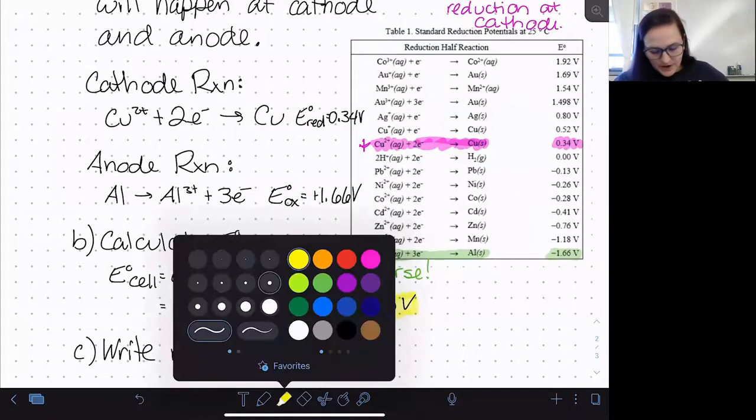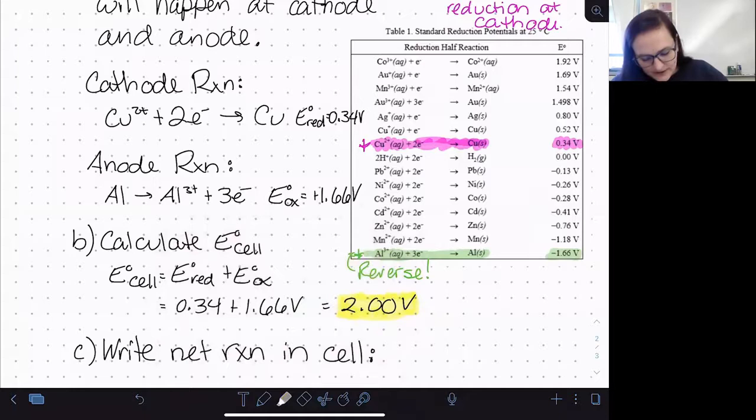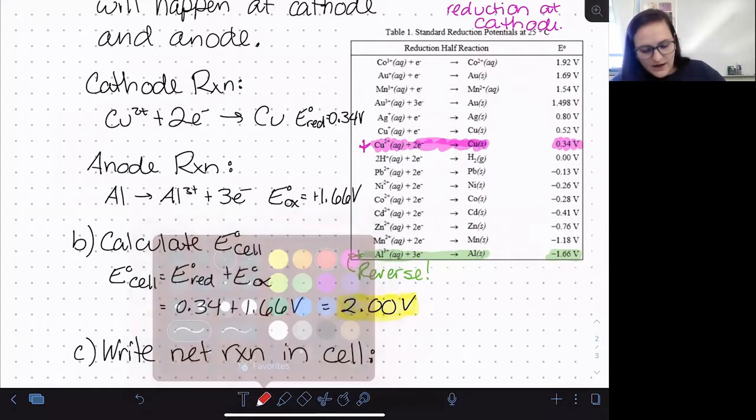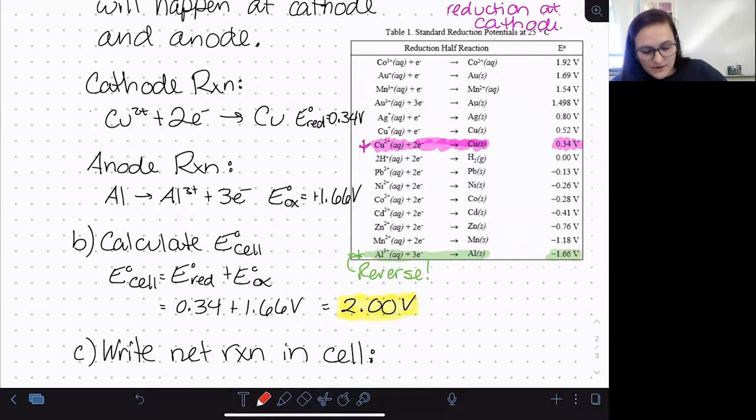So what we need to accomplish here is equalizing our numbers of electrons lost in oxidation and gained in reduction. We currently have 2 being gained in the reduction, 3 being given off in the oxidation. So we're going to need to multiply all of our coefficients in the cathode reaction by 3 to get us to 6 electrons, and all of our anode coefficients by 2 to get us 6 electrons there as well.